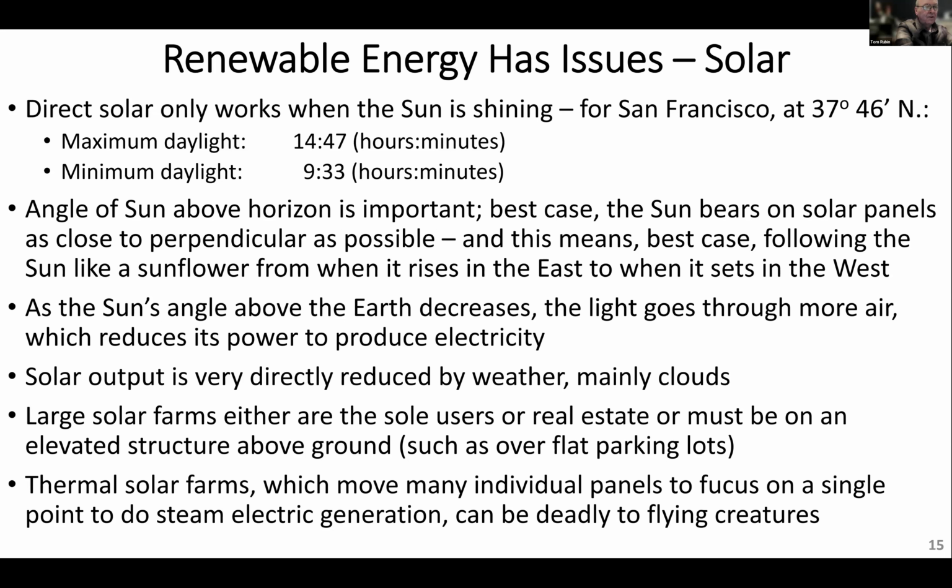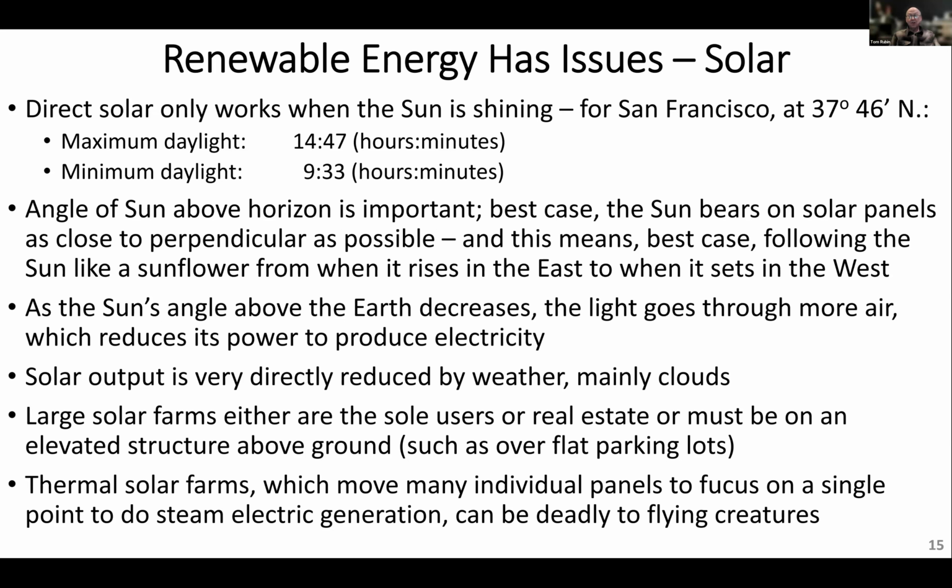And so if you have fixed solar panels, then there's a curve, a classic bell curve, and you get the absolute maximum at local noon, assuming the sun is shining and it's not cloudy. And then it falls off, and at the extreme morning and evening, just after dawn and before dusk, you get very little of value.